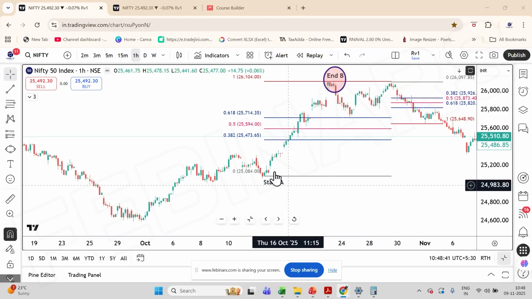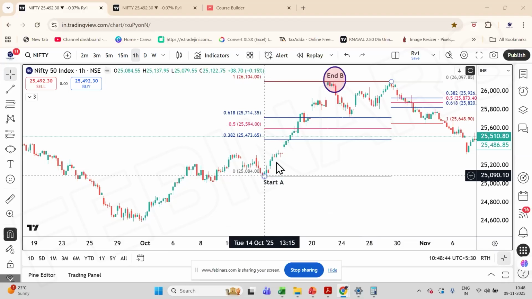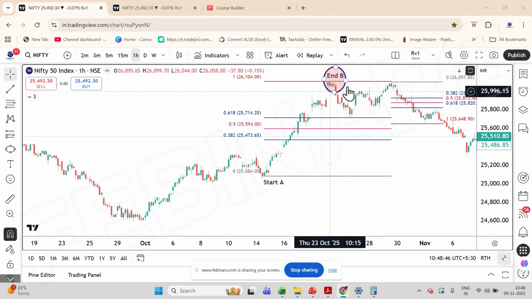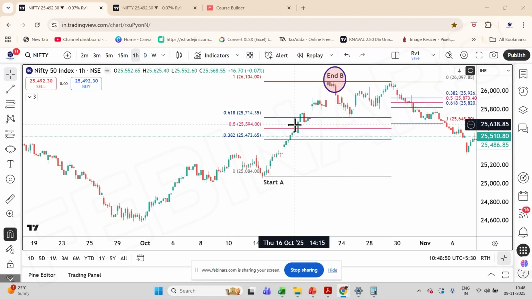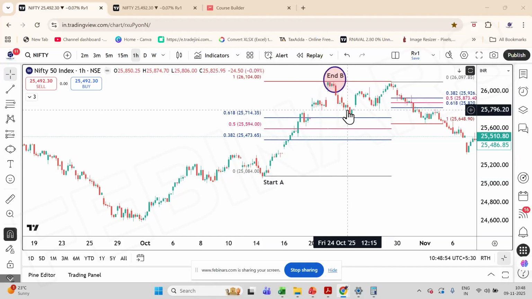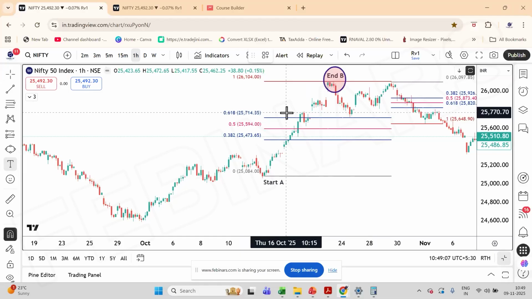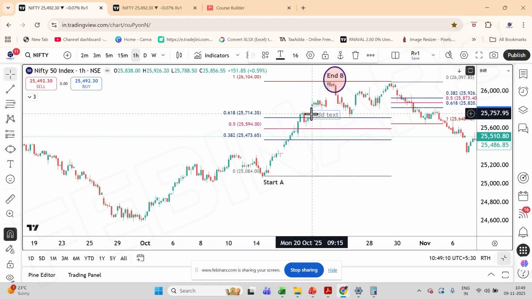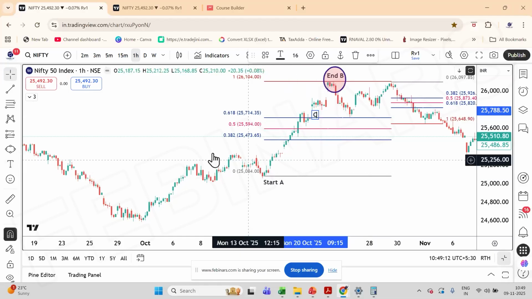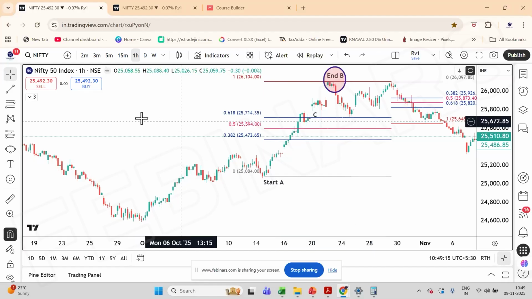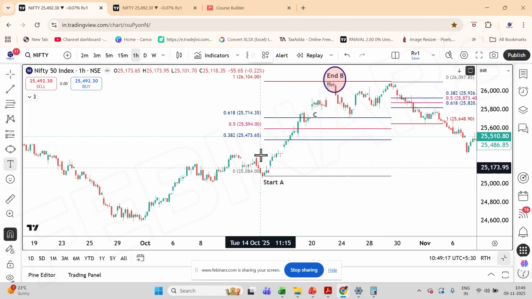See, starting point is from the start of the trend, ending point is the end of the trend. That is why start at A, end at B has been marked. C is marked here.